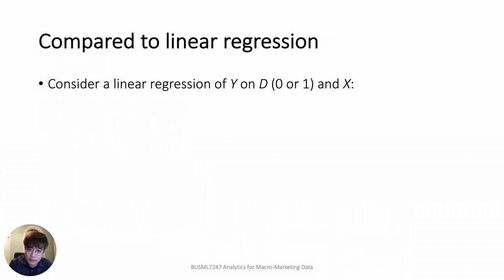Let me start with the linear regression model. Consider a linear regression of y on a binary variable d and a control variable x. Here, y denotes the outcome observed in data, and d is the assignment.